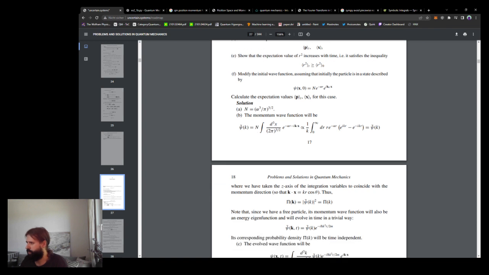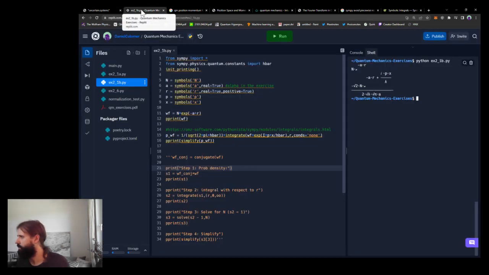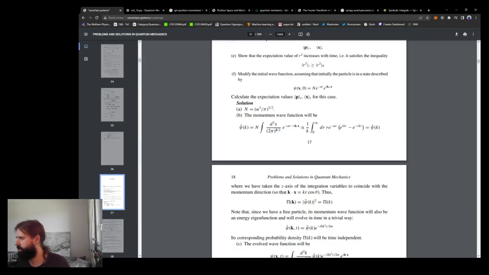Well, they say it's proportional to these, but that's something I don't think SymPy will ever be able to help me do, right? Why? I'm failing to see if that's the same. How do they even get these?